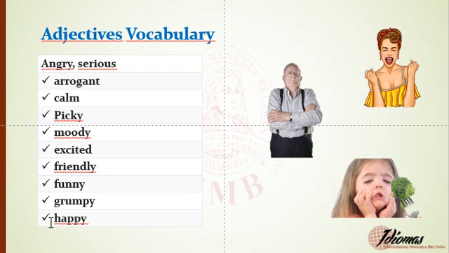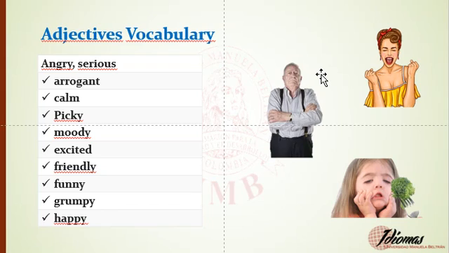Pay attention carefully to this. What about this image? He is an old man. And what can you tell me about his mood, estado de ánimo? Is he happy? Is he calm? Is he moody?